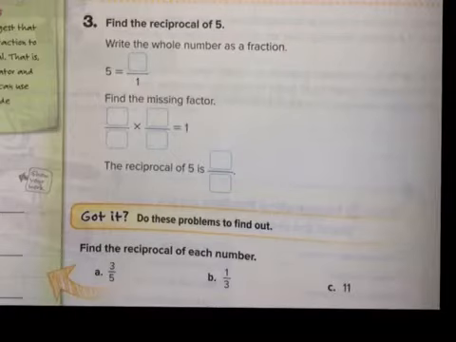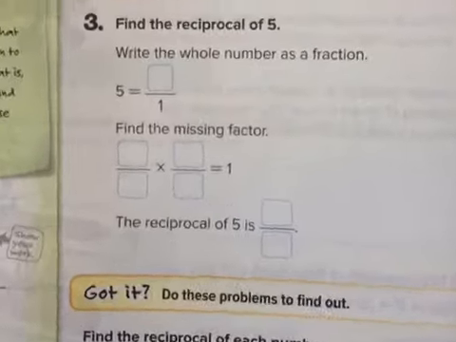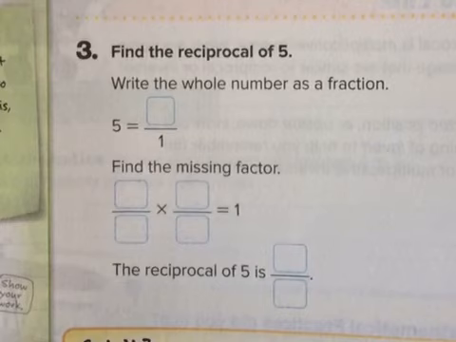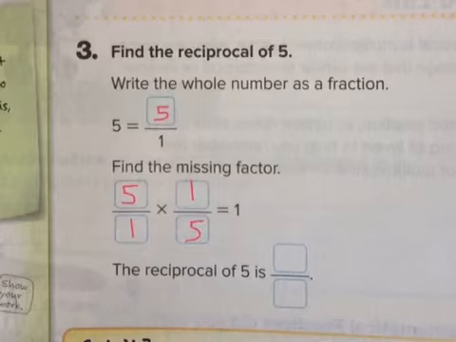Let's practice this with example 3. So we see here that we have a 5, and we want to write it as a reciprocal. So we write it as a whole number with a fraction, with a 1 under it. Find the missing factors. So we have 5 over 1 times the reciprocal, which is 1 over 5.